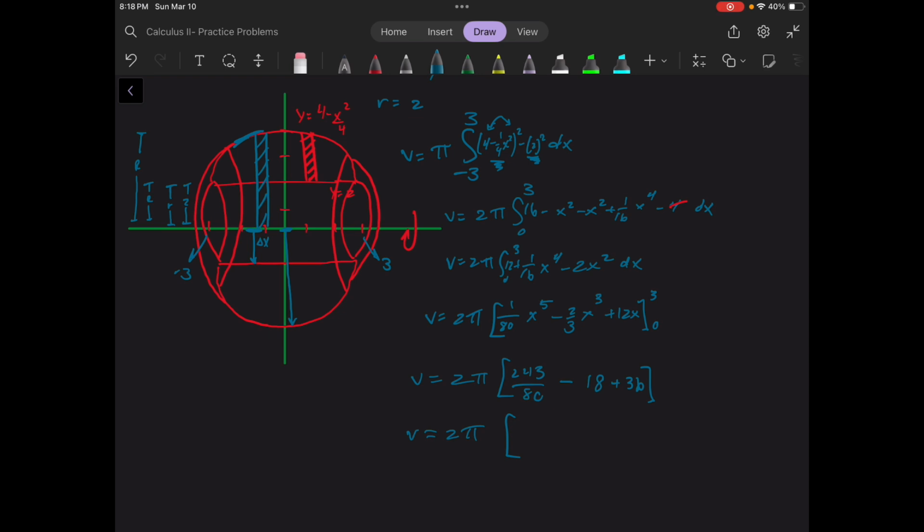But let's see. Now we have 18 and 36 make a positive 18. And 18 is the same thing as 1440 over 80. Finally, we could cancel the 80 and the 2 to make a 243 plus 1440 over 40.